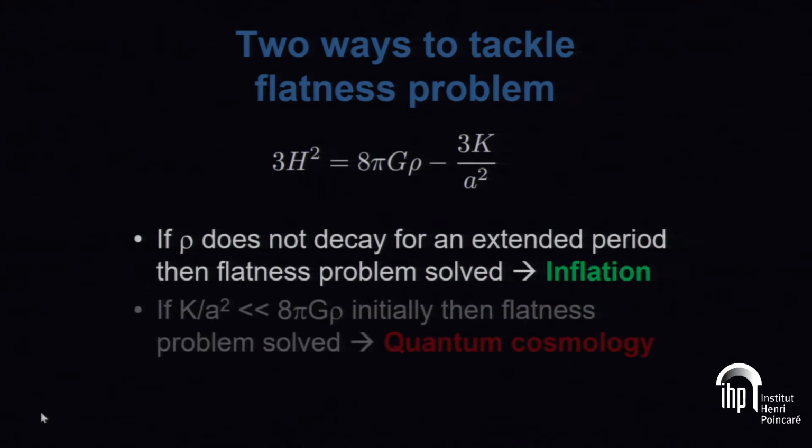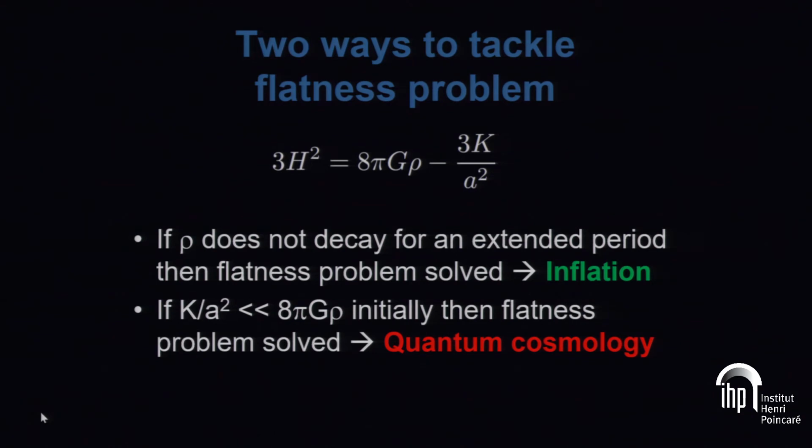But what if this is very small initially, when the universe was created from the beginning? This would be the quantum cosmology solution. If some quantum gravity theory tells us that this must be much smaller than this, then that's it.